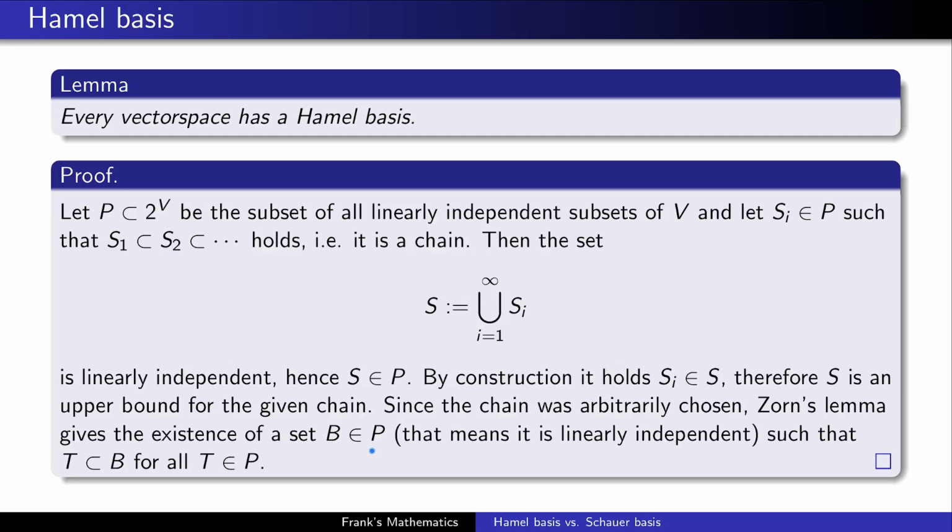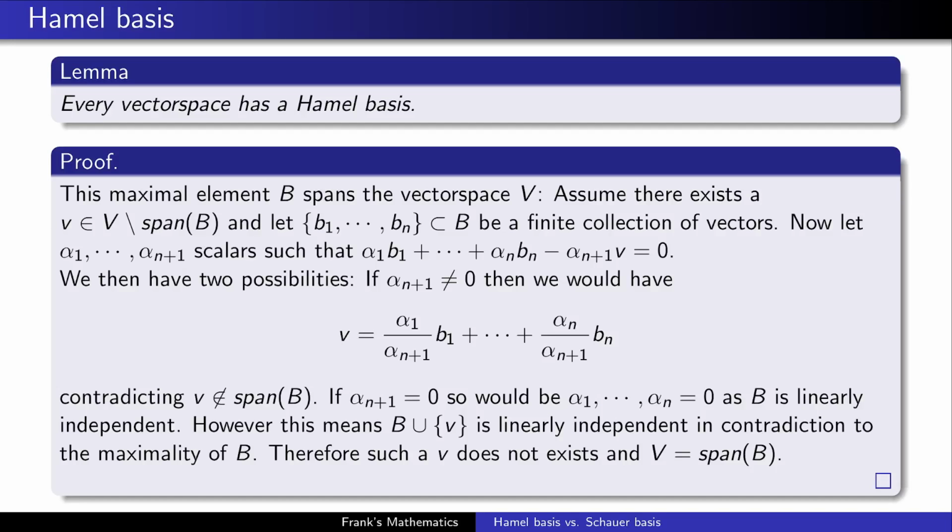This means B is a linearly independent set, such that every linearly independent set in P is contained in our set B. We still have to prove that our set B actually spans the whole vector space.